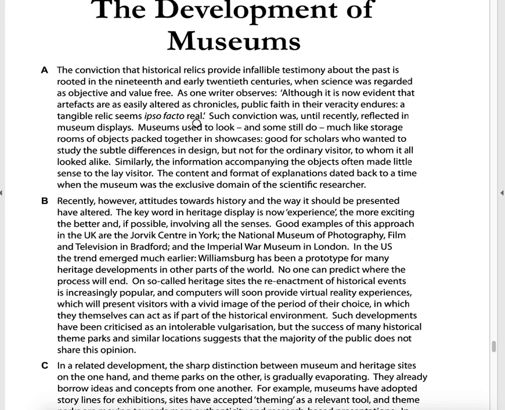Very interesting word. Okay, museums used to look, and some still do, much like storage rooms of objects packed together in showcases. Good for scholars who wanted to study difference in design, but not the ordinary visitor. The information accompanying the objects often made little sense to the lay visitor.